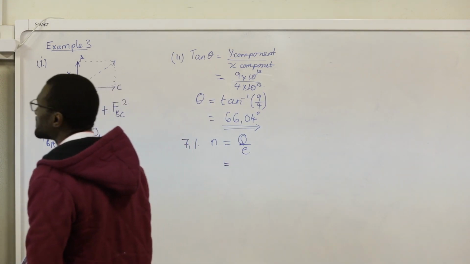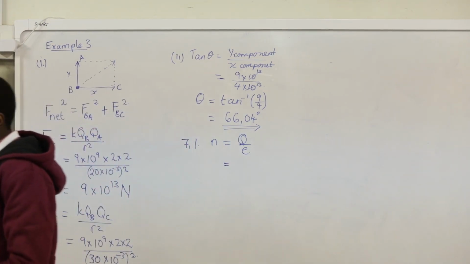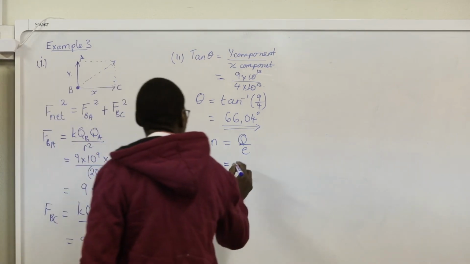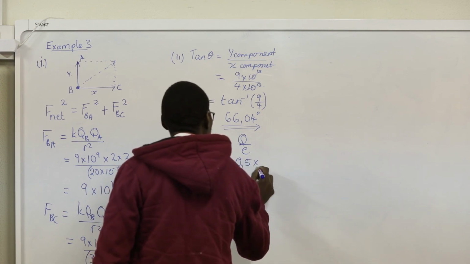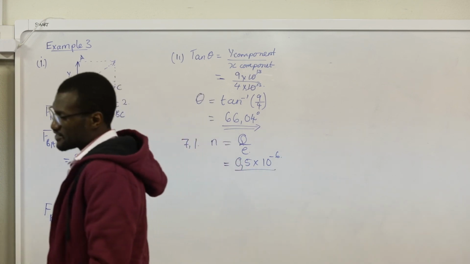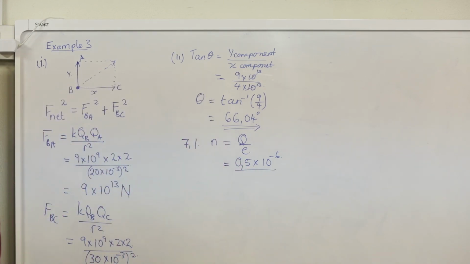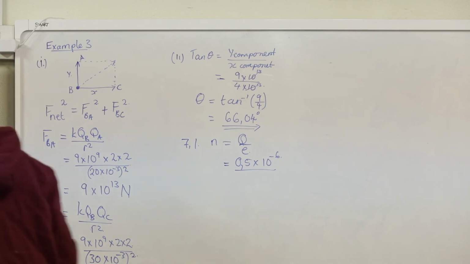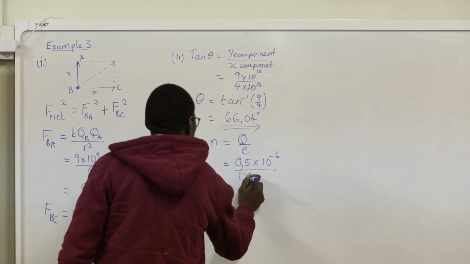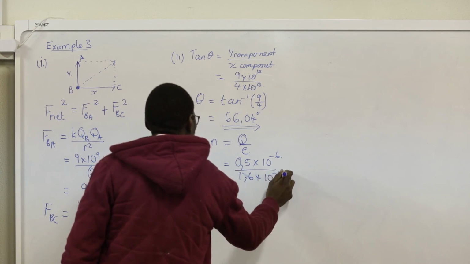So the value of Q that we are given here is 0.5 microcoulombs, 0.5 multiplied by 10 to the power negative 6, and the charge of an electron is also found at the back of your question paper, it is equivalent to 1.6 times 10 to the power negative 19.